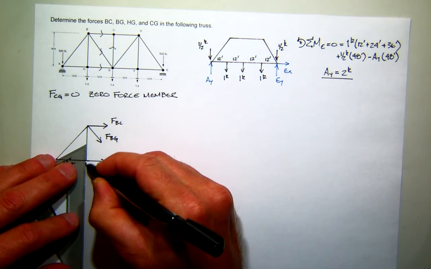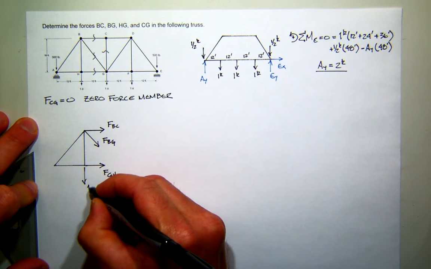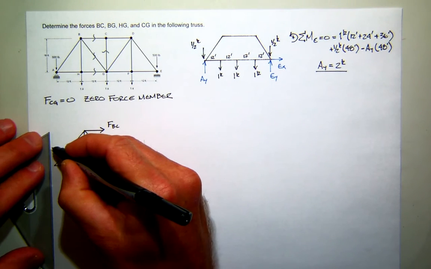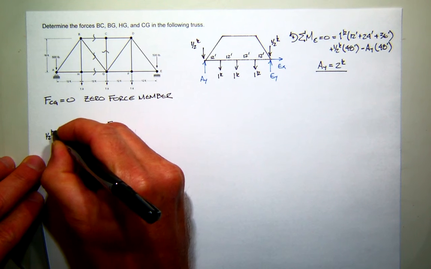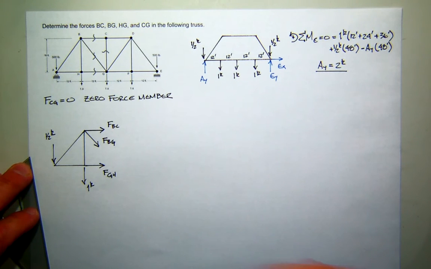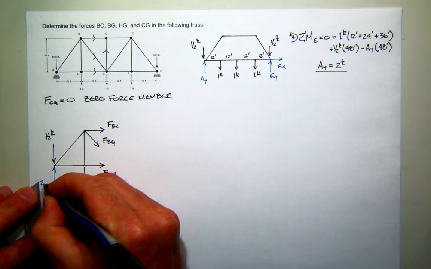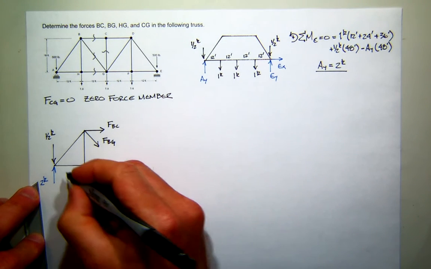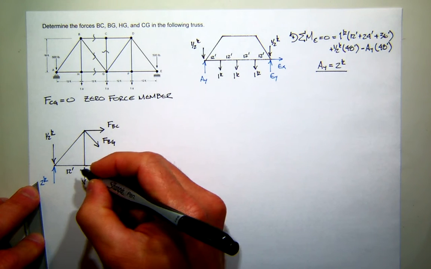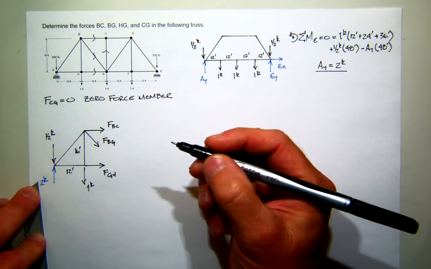I have an applied force of 1 kip. Over here I have a half kip, and I have my reaction, which I just found, which was 2 kips. And this was 12 feet. This was 16.